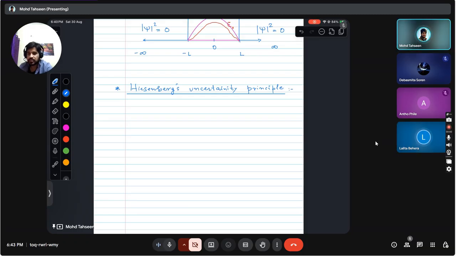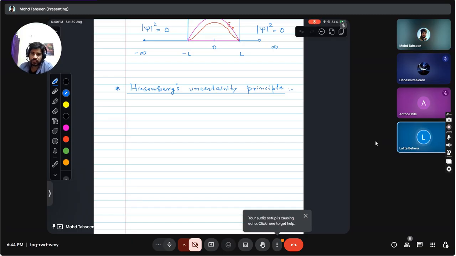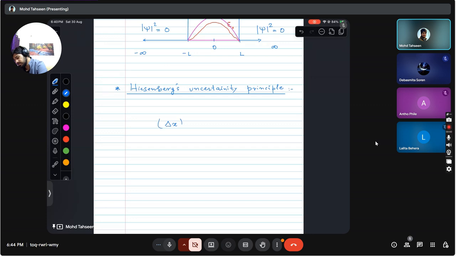Yes, Lalita. The product of del x and del p is equal to h cross by 2. Very right. So del x and del p is greater or less? Greater. Greater or equal to h cross by 2, right?